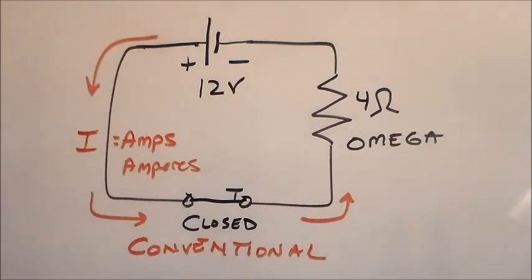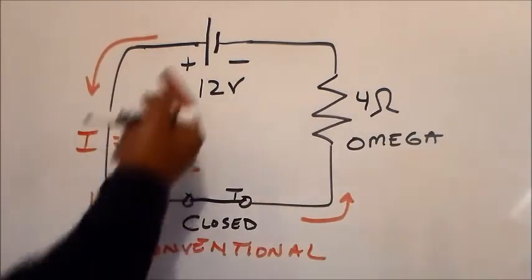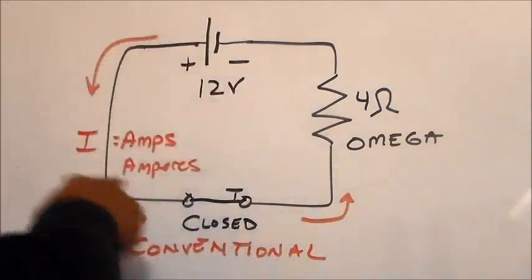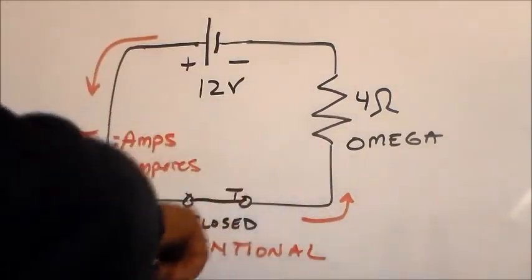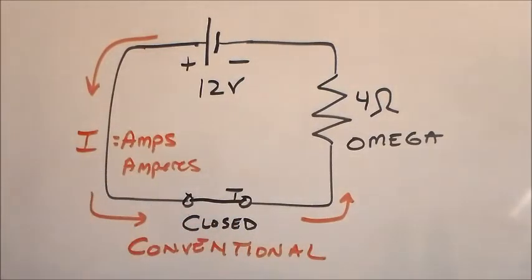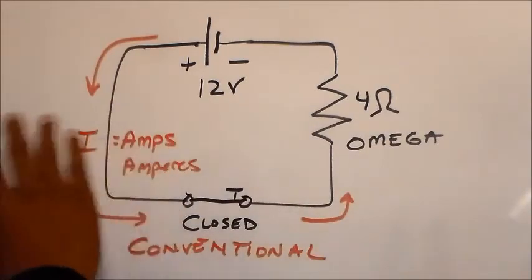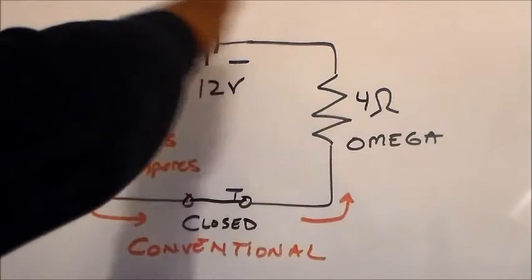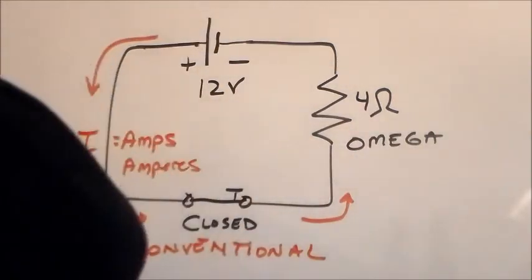So that's the conductor. We talked about the battery. The battery takes chemical energy, transfers it into electrical energy, and it's used as a power source. The switch. Our switch could be closed or open. The switch makes or breaks the electrical current going through the circuit. It could be open and stop the flow, or closed and let it flow around through the circuit.